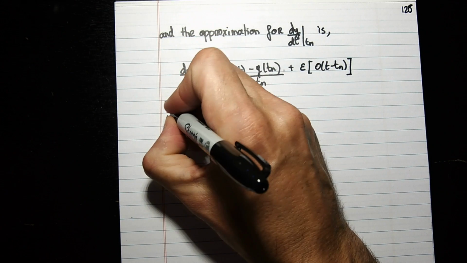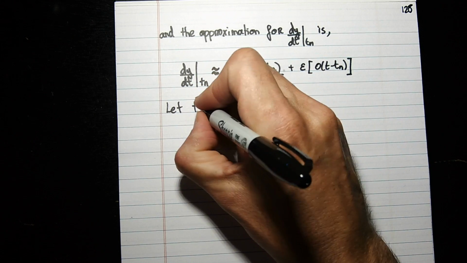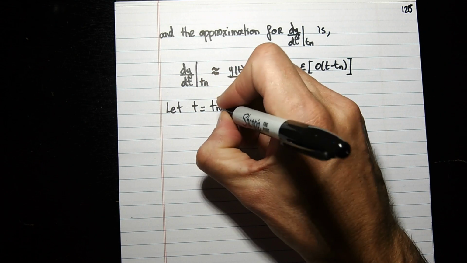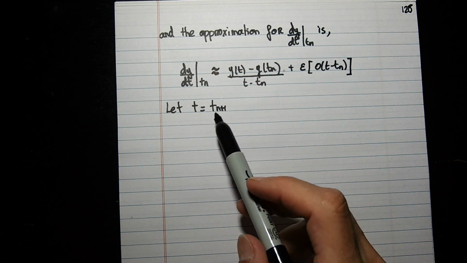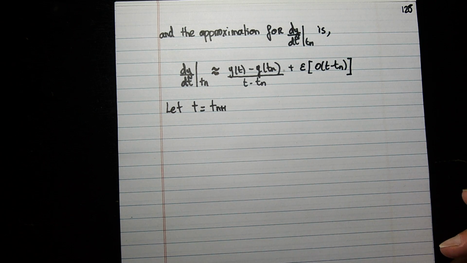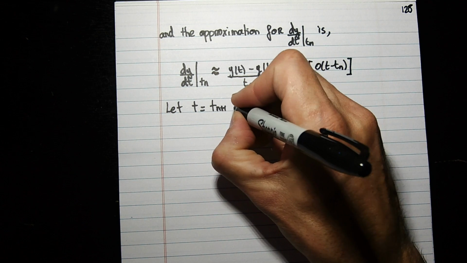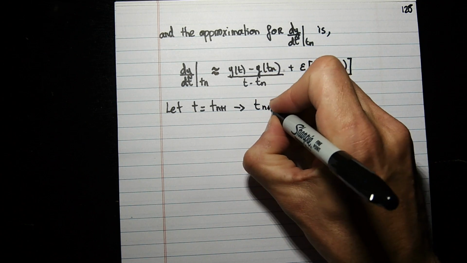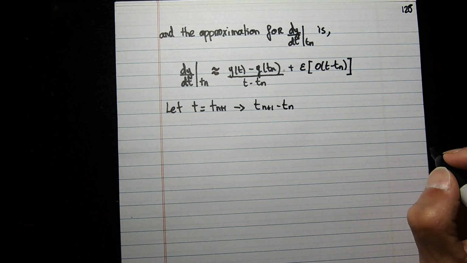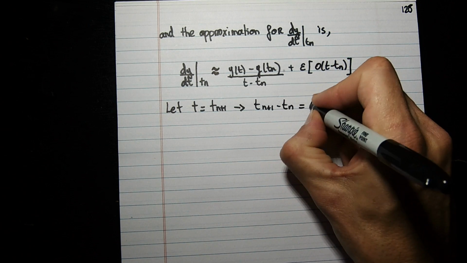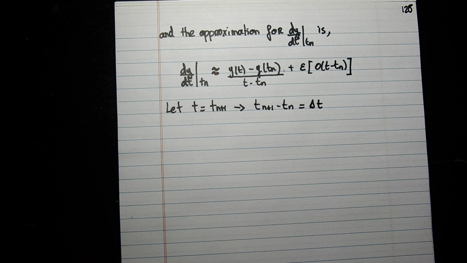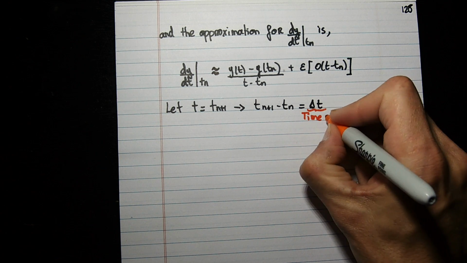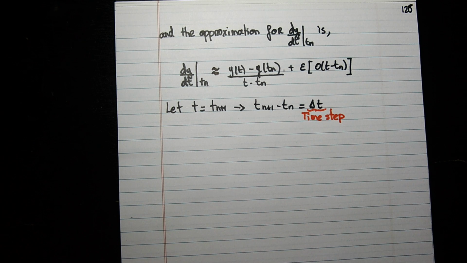So here now, let t be any time step. This will be the forward Taylor approximation. Let's say it will be t_n plus 1, so we look in the future. If you want to do the backward, you can just say t equal t minus 1, and in that case, what will you have? This t would be t_(n+1) minus t_n, and we're going to call this delta t, where delta t is our time step. Okay, so this is the forward substitution.